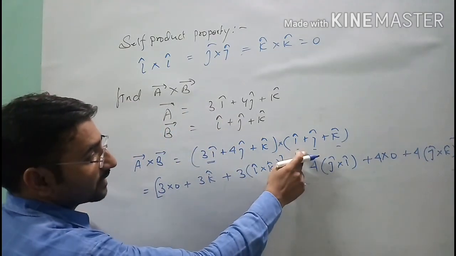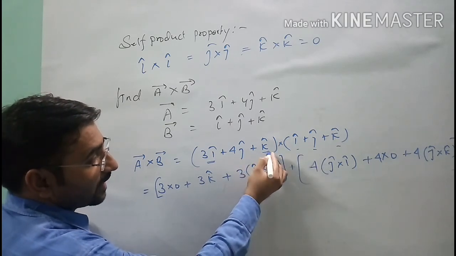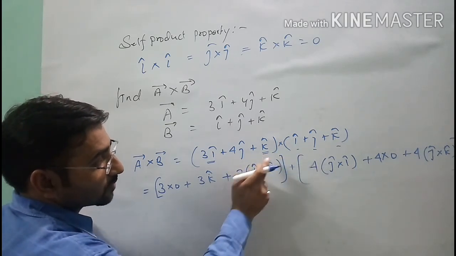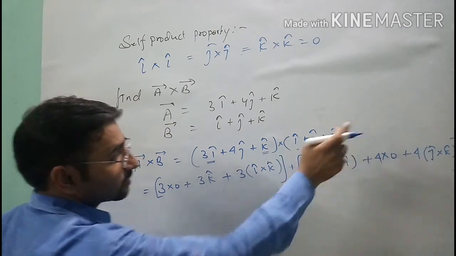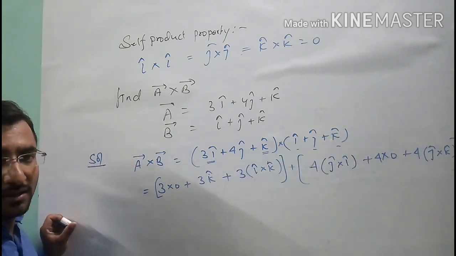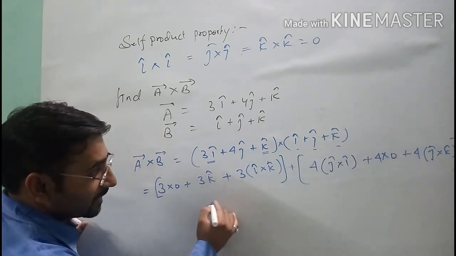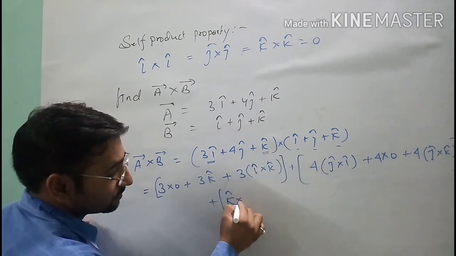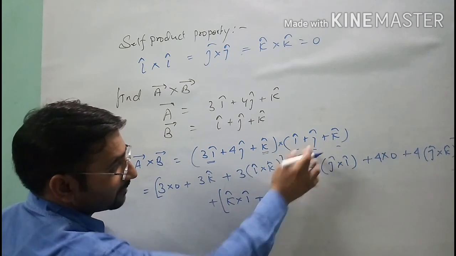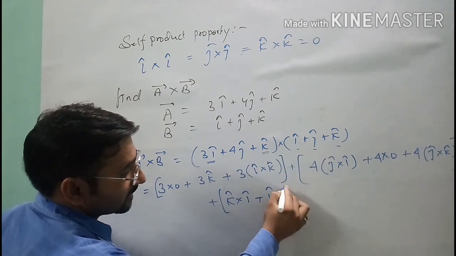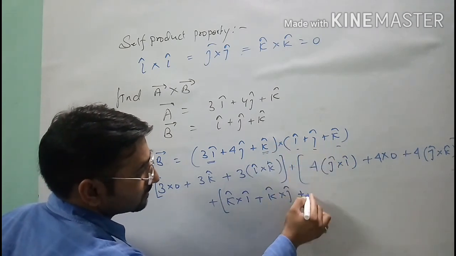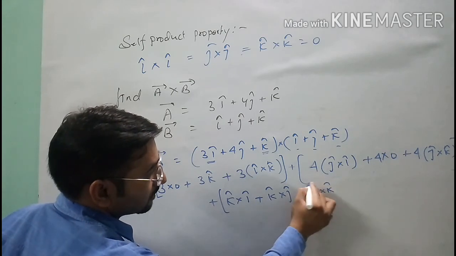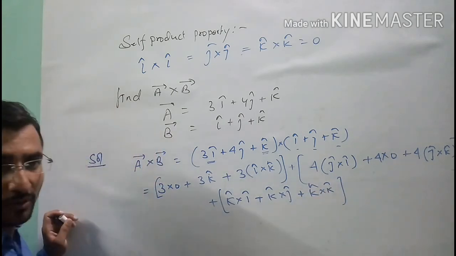Now I will do the cross product of k cap, always taking a single term. So for that you can see k cap into i cap, k cap into j cap, plus k cap cross k cap. Point is clear?